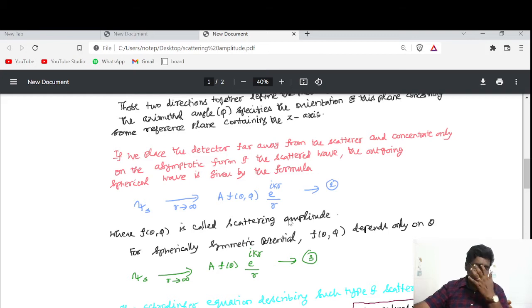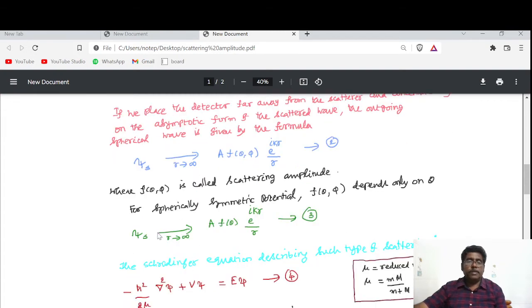For a spherically symmetric potential, f of theta comma phi is reduced to f of theta because in the case of a spherically symmetric potential, there is no talk about phi. The value of phi is equal to 0. So psi s is A f of theta e power ikr by r.